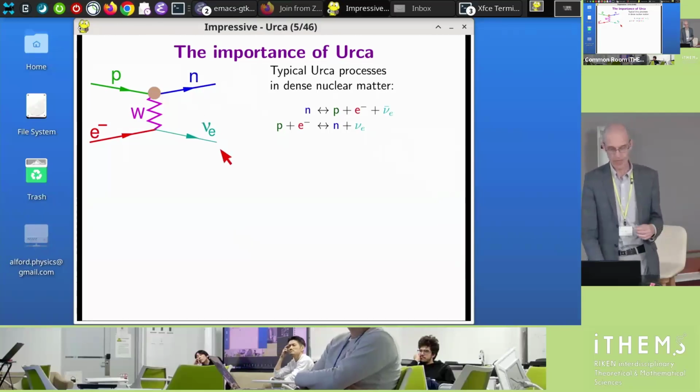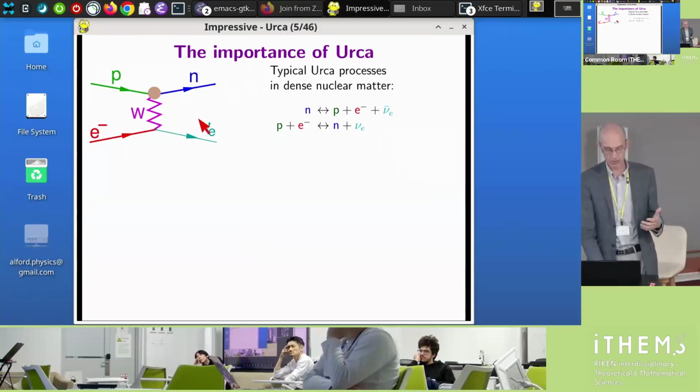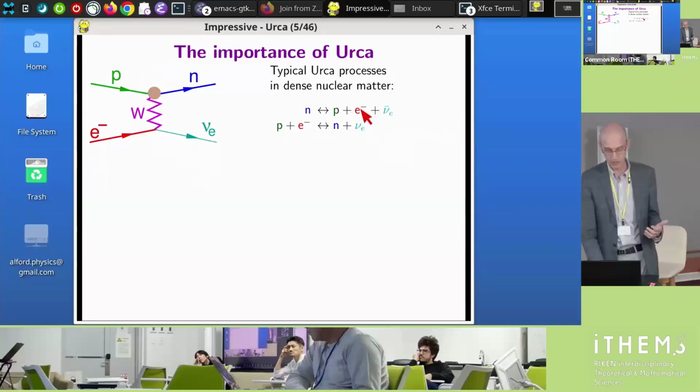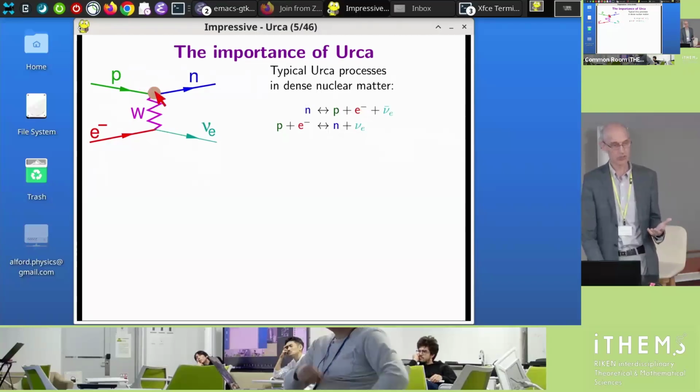And you can also have the backwards version of this. You can move particles from the initial state to the final state. So this is neutron decay. That's an Urca process, or the reverse. These are all Urca processes. And so it's a weak interaction mainly, with possible strong interaction going on involving the proton and the neutron here.